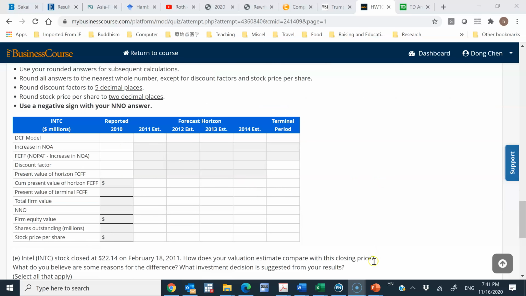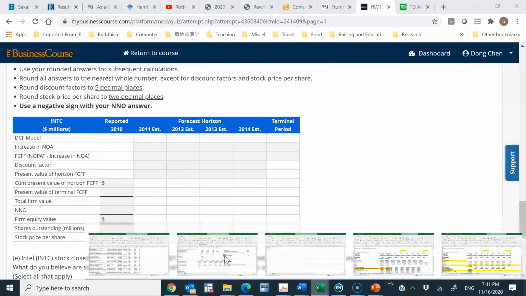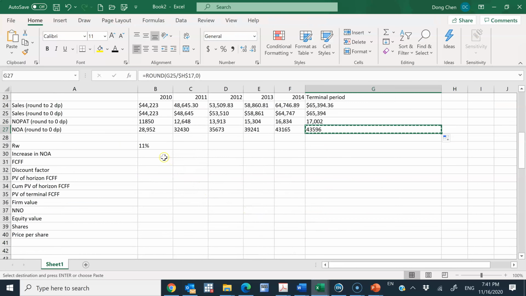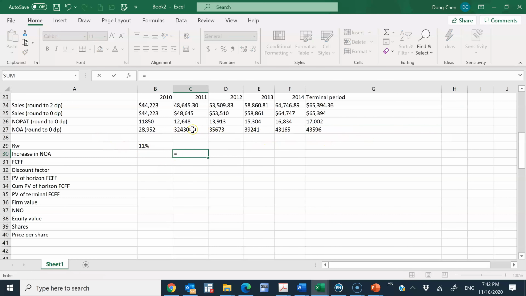So to get this, going back to my Excel sheet, here basically I just copied the cost of capital. The first step to figure out the FCFF is to calculate the increase in NOA. We have the NOA numbers throughout all the years, so this can be easily done by taking the difference between the current period NOA and last period NOA.